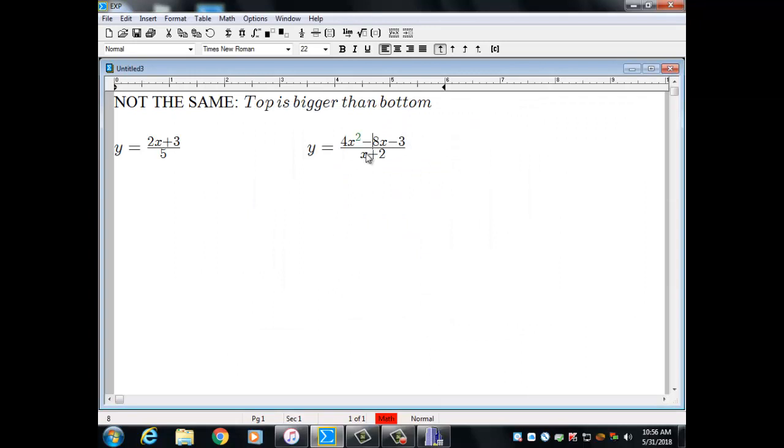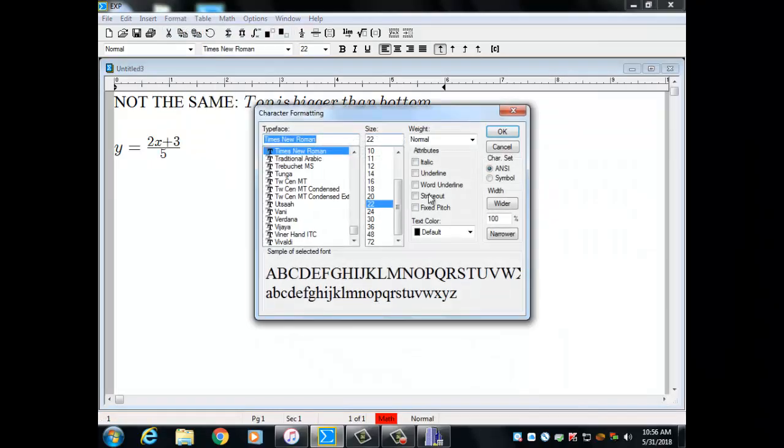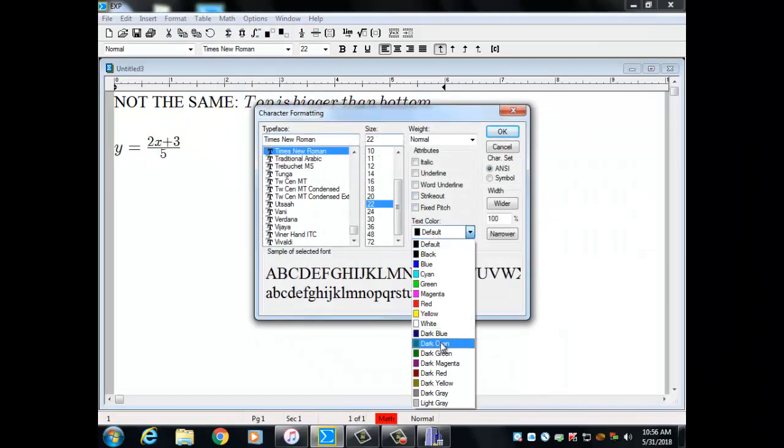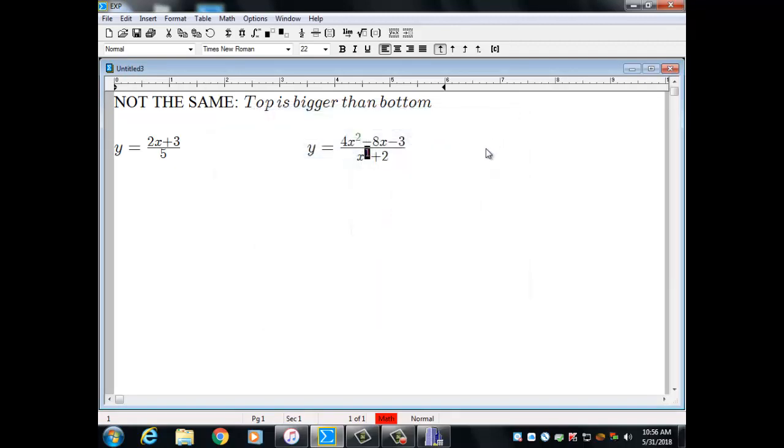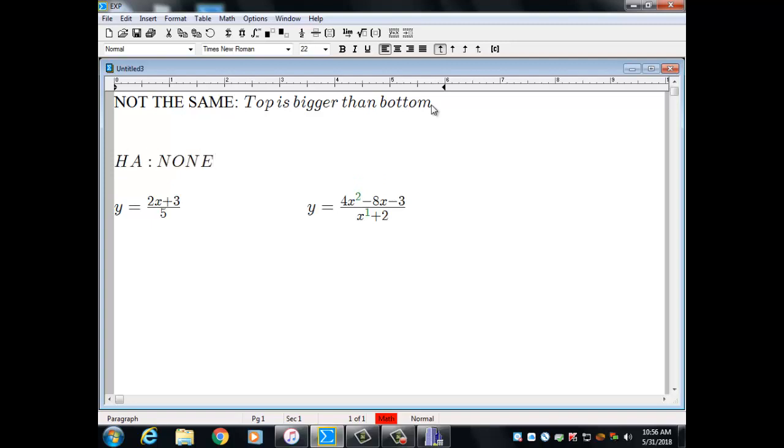Anytime the top exponent is bigger than the bottom exponent, anytime that happens, you just say it doesn't exist.